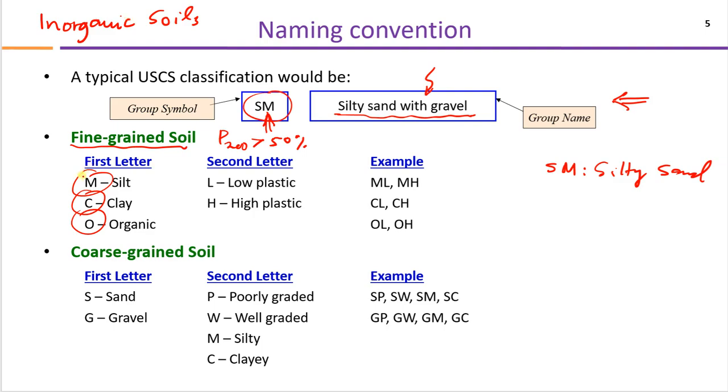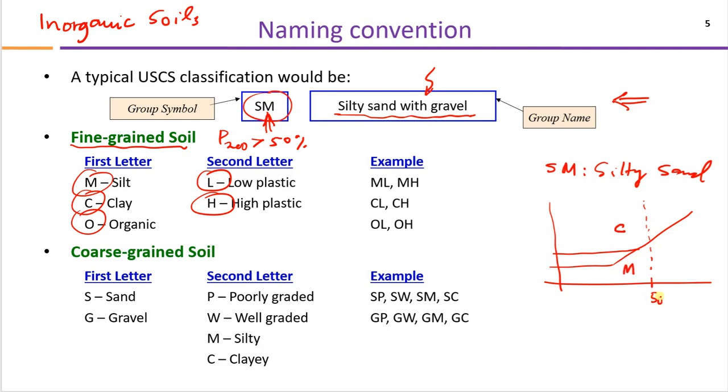So the first letter is silt or clay, and the second letter is L for low plasticity, H for high plasticity. If you remember that chapter of soil plasticity, we talked about this diagram that is called the plasticity chart. On that plasticity chart there is an A line, and soil that falls above the A line is called clay, and below the A line is called silt.